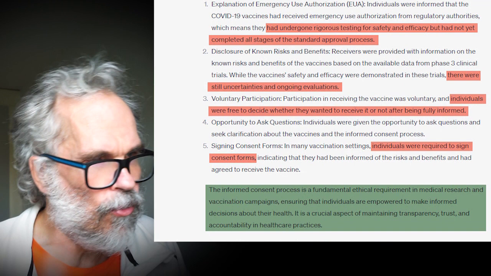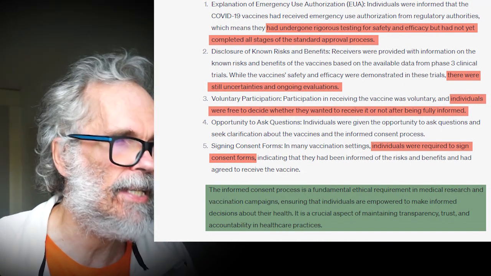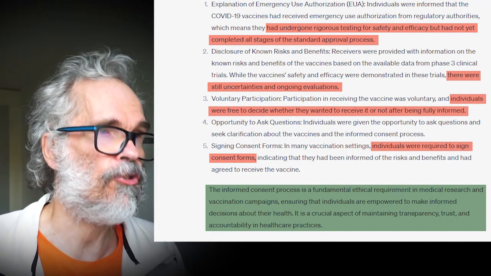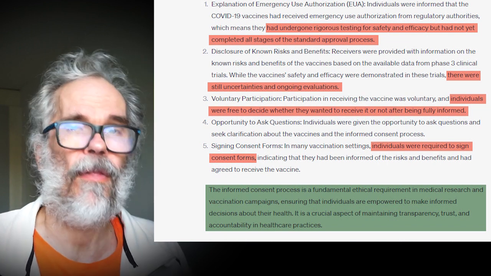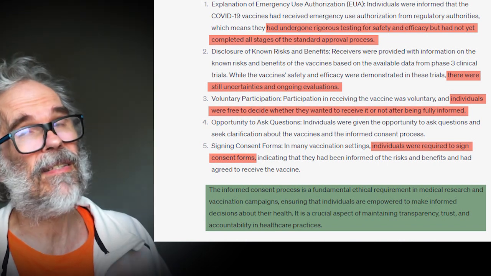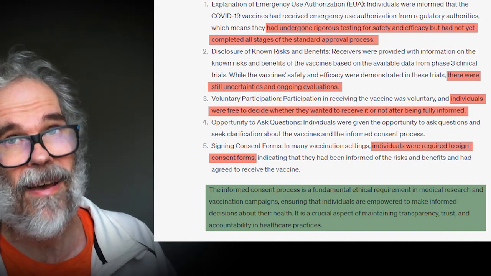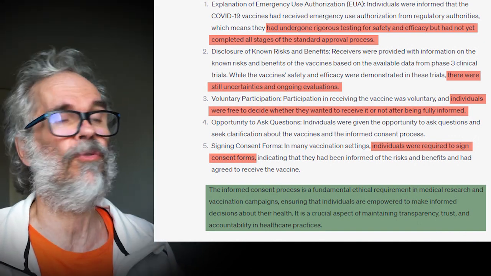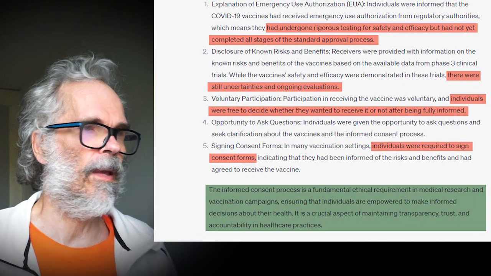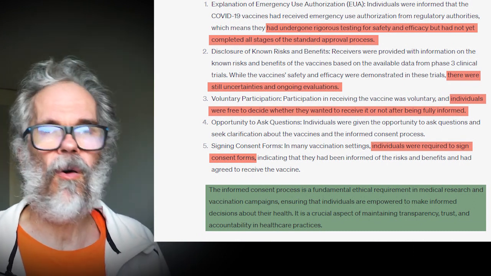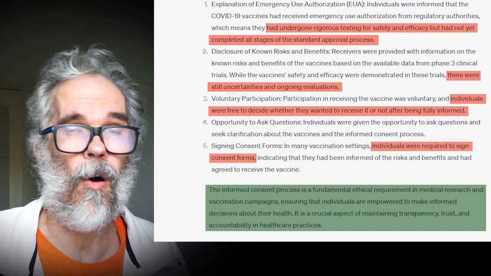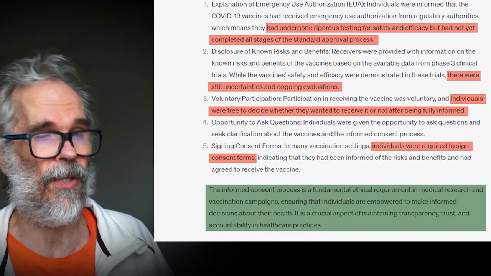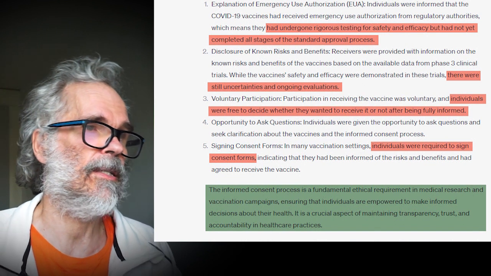It is a crucial aspect of maintaining transparency, trust, and accountability in healthcare practices. Now that sounds so nice, so beautiful, so human, so ethical. And shouldn't we all agree that this is the way how it should go? But did it go this way with the COVID-19 vaccines?